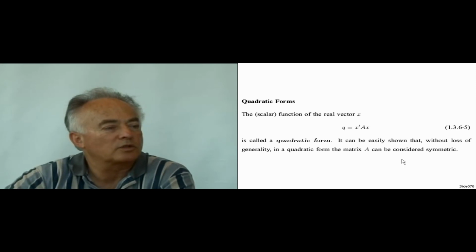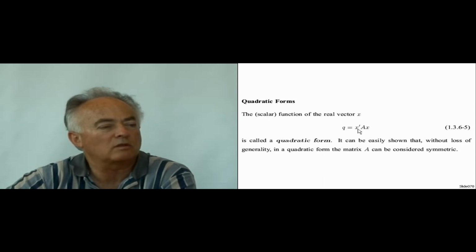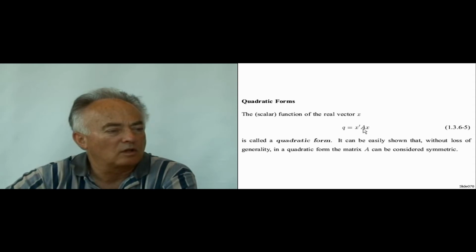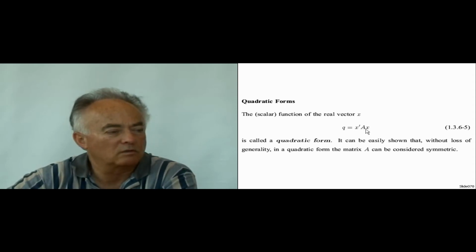Quadratic forms. If we have a vector x, say of dimension n, and a matrix A, n by n, this x prime Ax is a scalar. It's called a quadratic form.